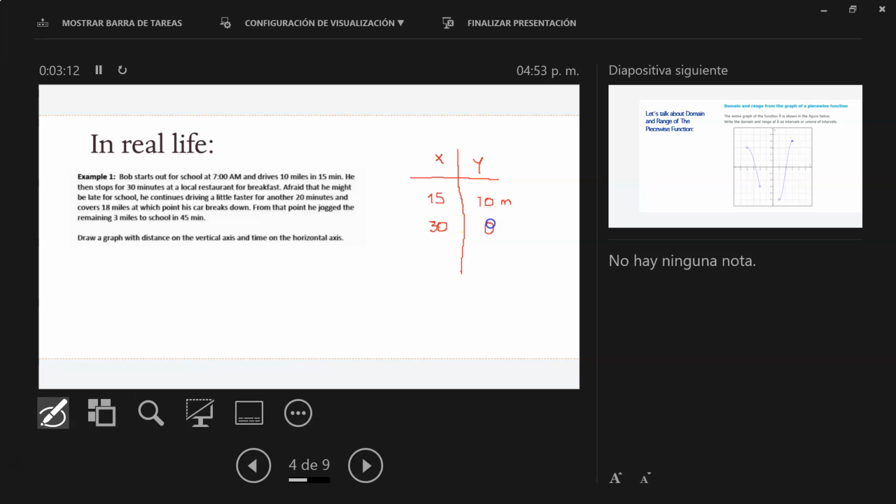After that he didn't move because he was taking a breakfast. Then another 20 minutes, and these are 20 more minutes. He did 18 miles after the breakfast, and then he spent 45 more minutes to complete 3 miles. Okay, so I'm going to try to do my best in order to draw. I'm sorry for my drawing, but this is x, this is y, and x is the time.